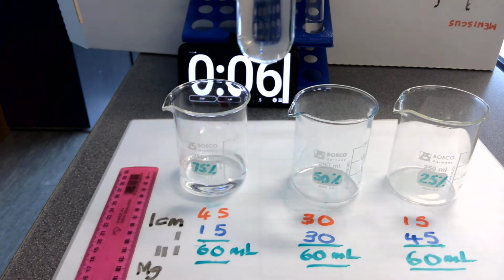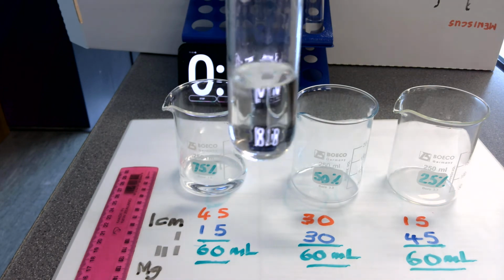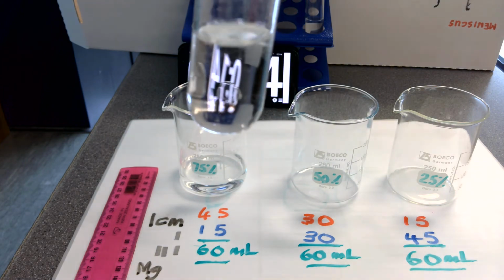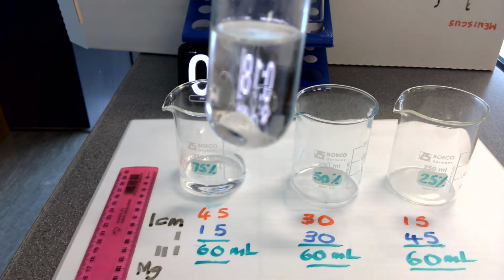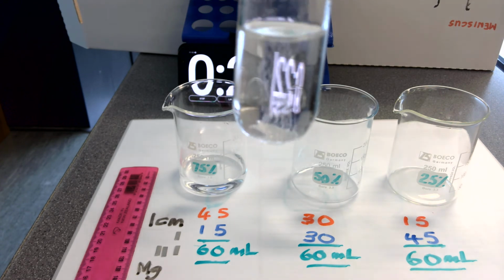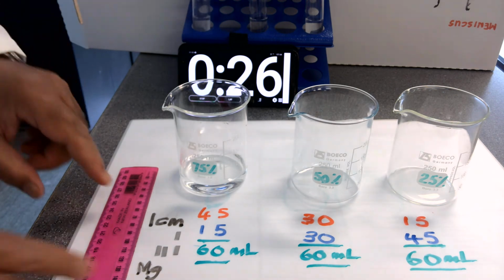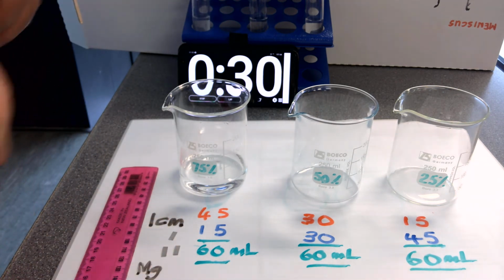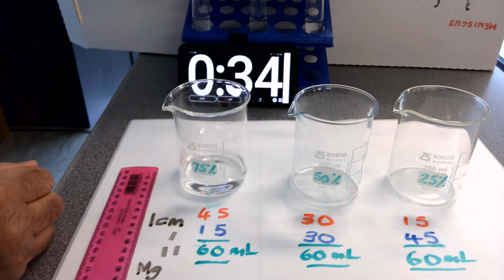And you can see that the bubbling is reduced, there's less bubbling, therefore we can still confirm that hydrogen gas is being produced, but probably less of it because there's less bubbles compared to 100%. We're now up to nearly 30 seconds, I'll take it to 35 seconds.